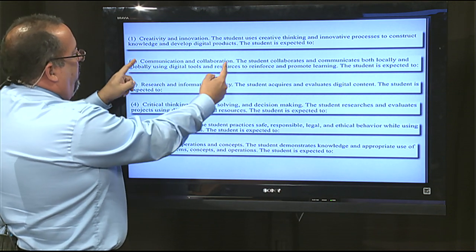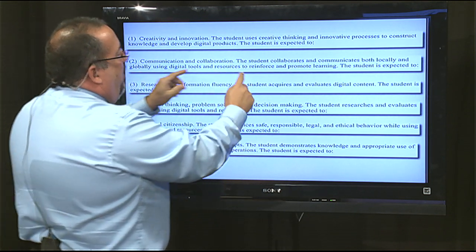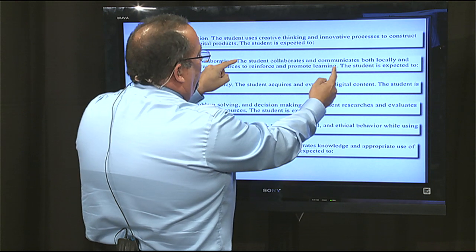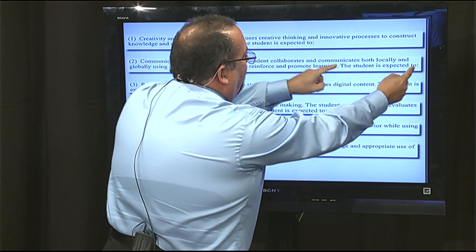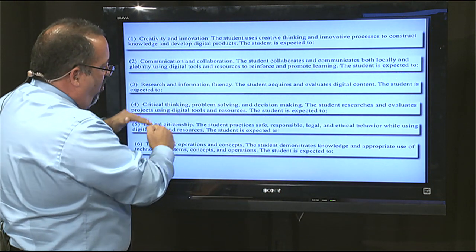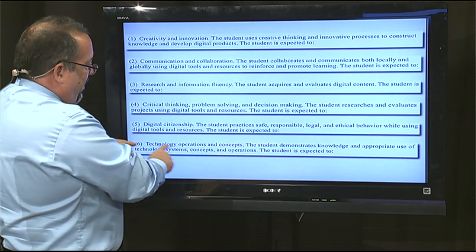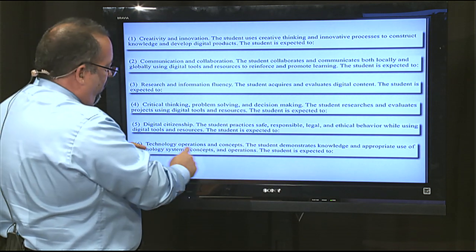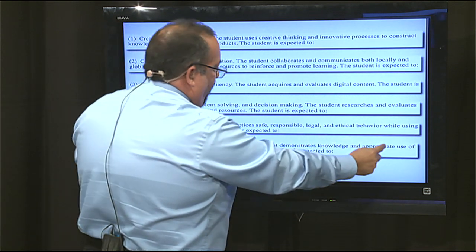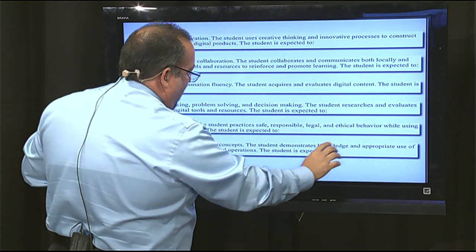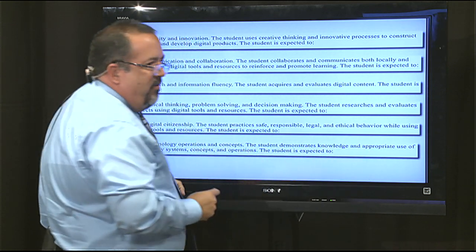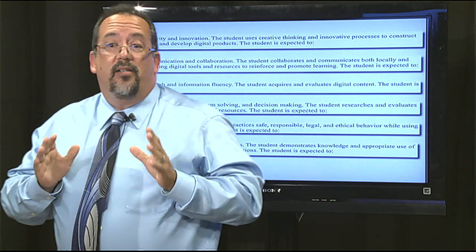Second strand, communication and collaboration. Then it has an explanation of the knowledge and skills statement, and then the student is expected to. It's always the same all the way down. So even down here in technology operations and concepts, you have the strand, you have the knowledge and skills statement, followed by the beginning of the student expectations. It's always, always the same.